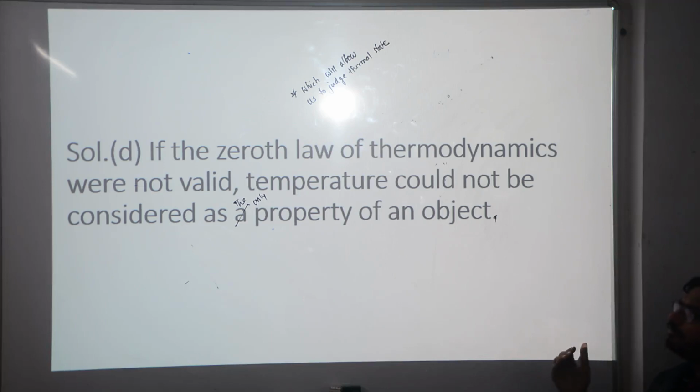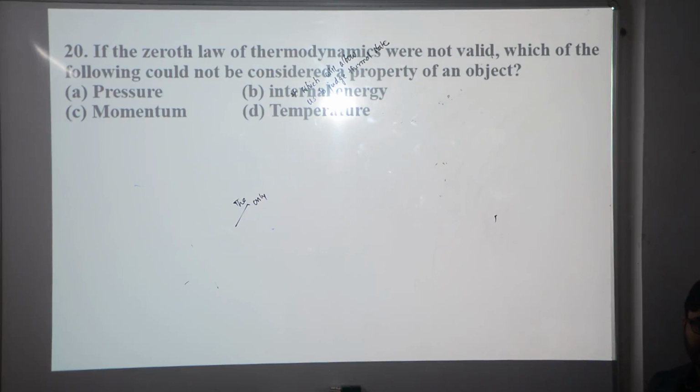They say if zeroth law of thermodynamics is not valid, okay, means temperature in that case becomes the sole tool, the sole way of representing a thermal state, because the rest of the options, number one, pressure, internal energy, momentum.